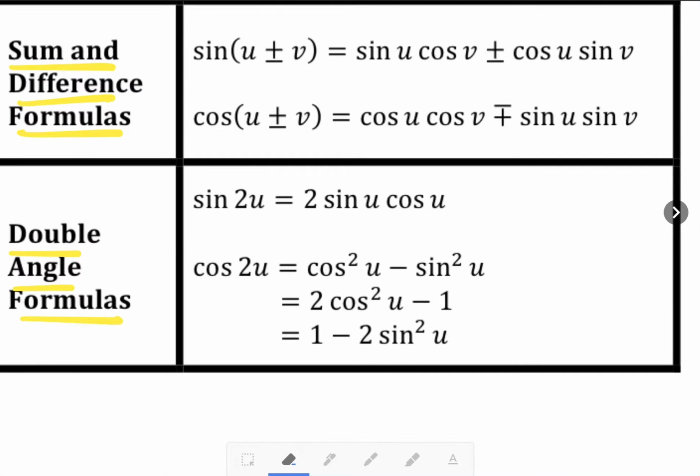And then a quick note for your double angle formulas. There is only one double angle formula for sine, but there are 3 for cosine, and they are all interchangeable. You can use whichever one you want. I always end up using this top one for the most part, just because it's easy for me to remember, and I like the fact that I end up with the same denominator.